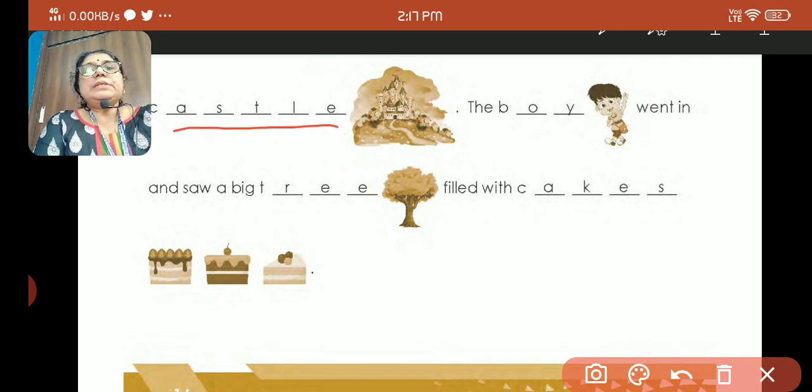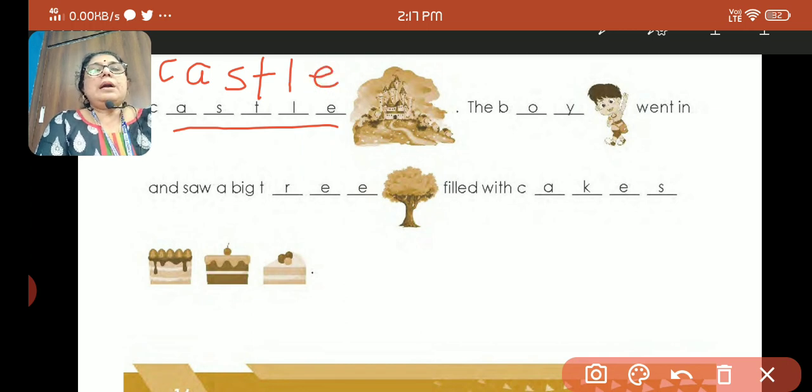How is it written? C is already written for you. A-S-T-L-E, castle. It is castle. It is like a huge palace which we have, no? The kings have another name for palace. Castle. Okay, full stop.